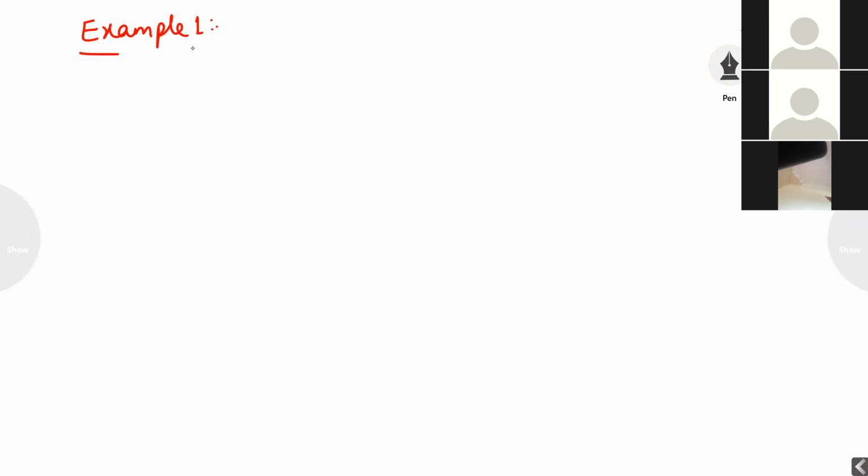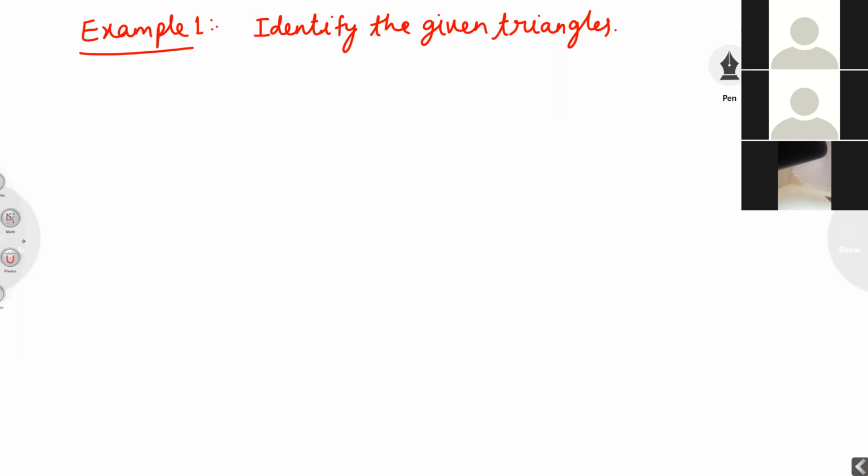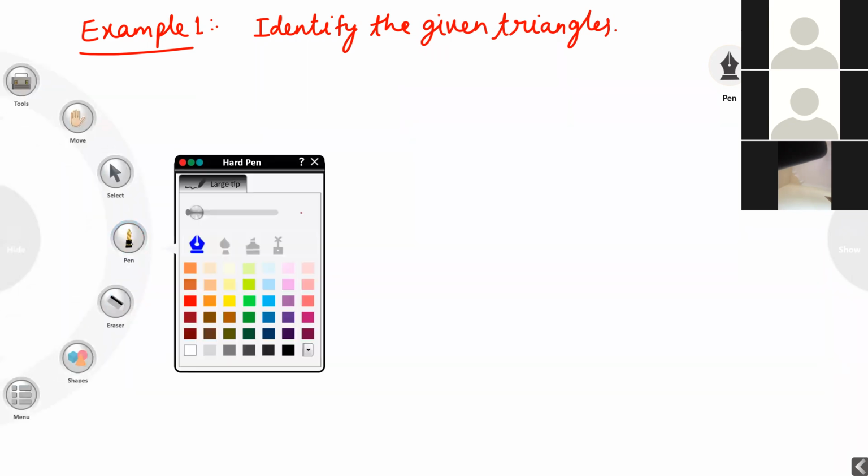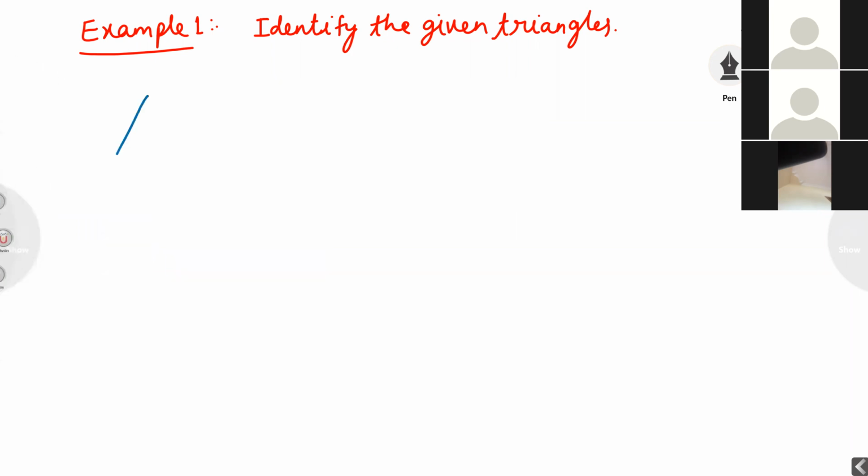Identify the given triangles. First figure. Figure number 1.